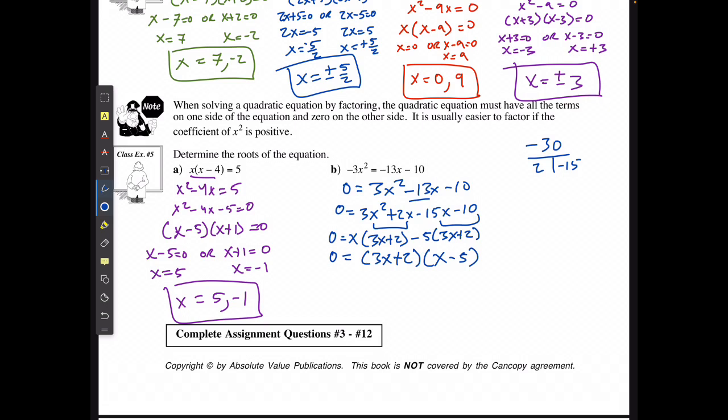So my possibilities are either 3x plus 2 is equal to 0 or x minus 5 is equal to 0. This is going to give me 3x is equal to negative 2 or x is equal to negative 2 over 3. This is going to give me x is equal to 5, which means that x is equal to either negative 2 over 3 or 5.